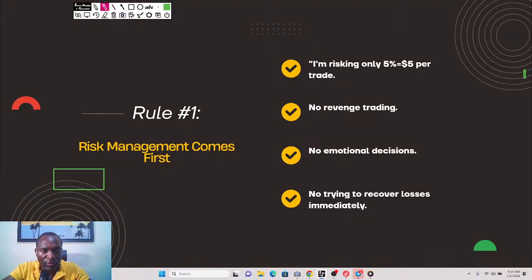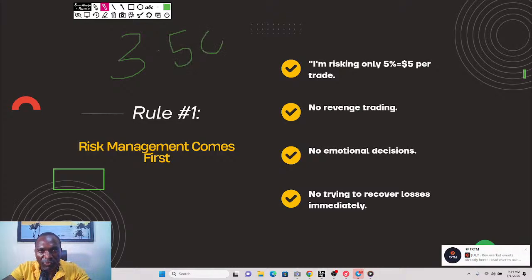We've risked 3.5, and we've lost this. So we have 1.5 for our next trade.